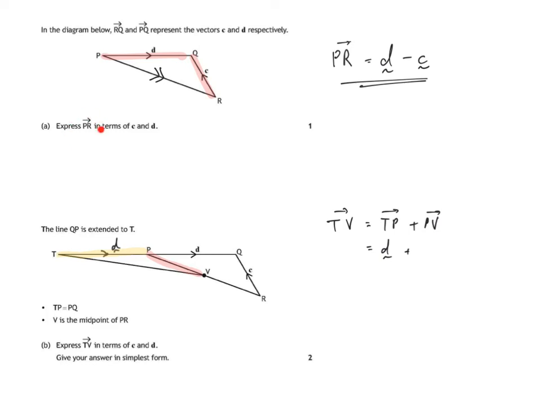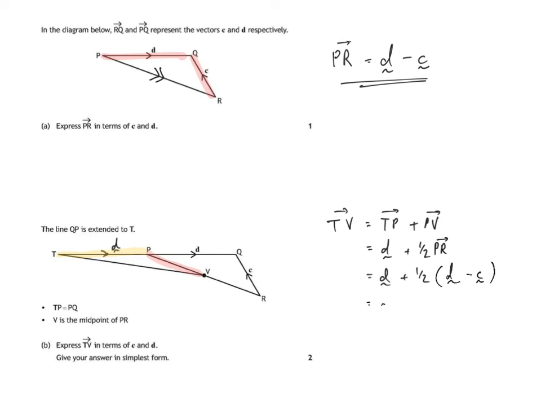And part A had us figuring out this vector from P to R. So PV is half of the vector PR, which means it's going to be half of my answer from part A. So it's going to be a half of D minus C.